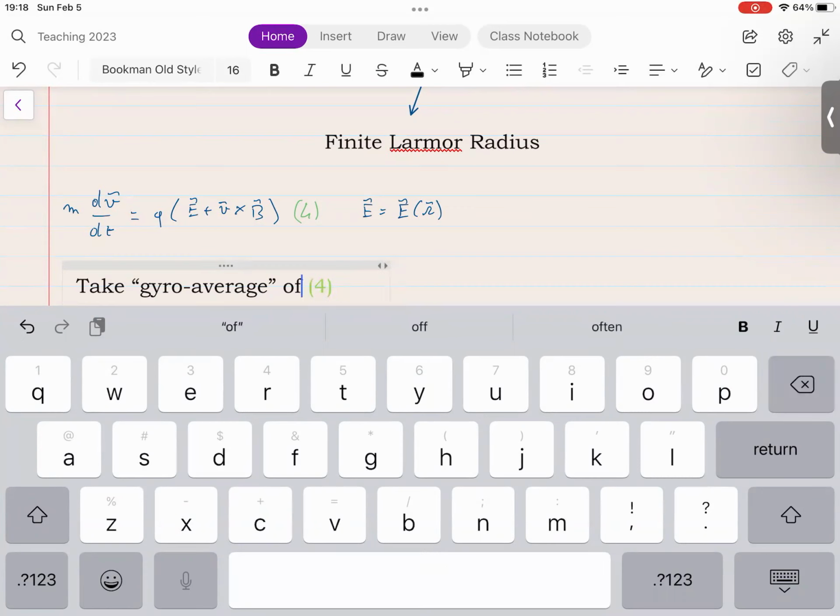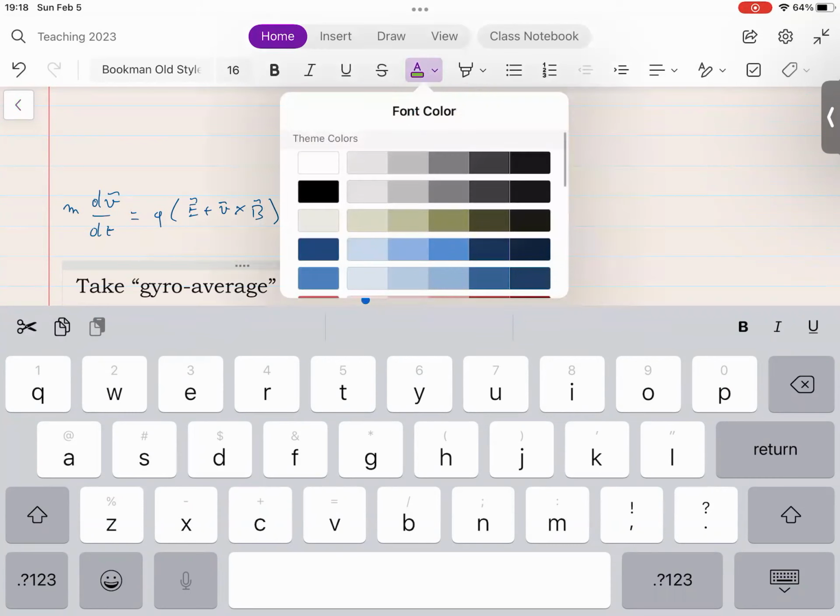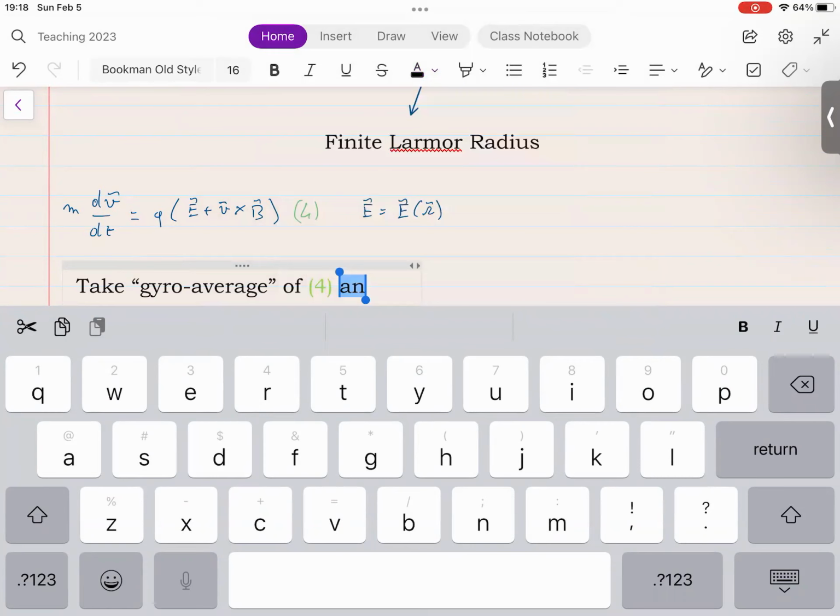Oh, sorry, I forgot. Okay. And now in black, I'm going to assume the usual form that we've used for drifts for my velocity.